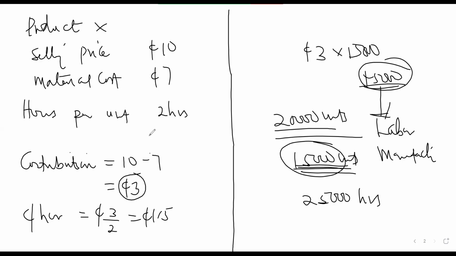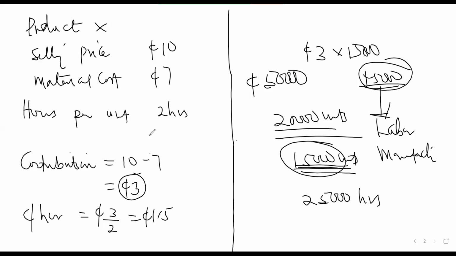Then you ask yourself, what is the total factory cost available? They can give you, let's say, 50,000. The total cost available is 50,000. How many hours are you going to incur this cost for?